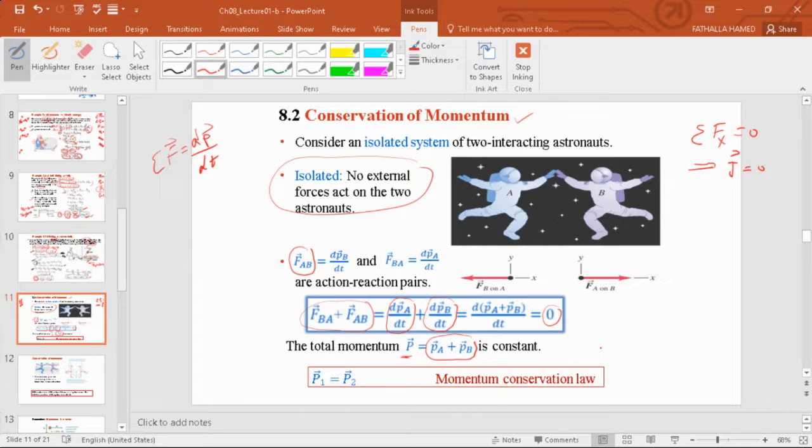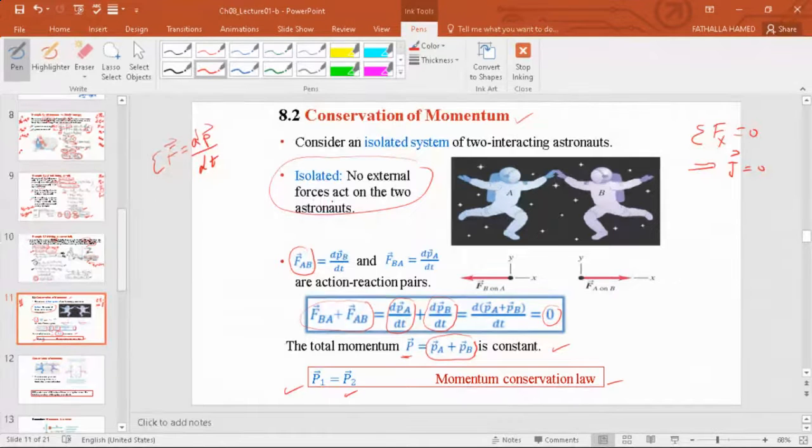That's equivalent to saying that the total momentum is constant. If the total momentum is constant, that means it's not going to change. That means the momentum before and the momentum after is going to be conserved, and this is known as conservation of momentum or the momentum conservation law.